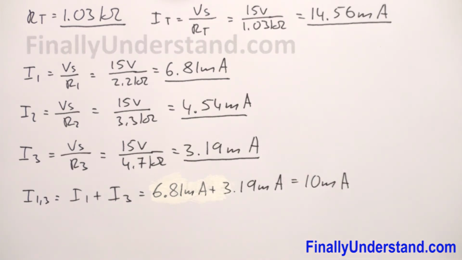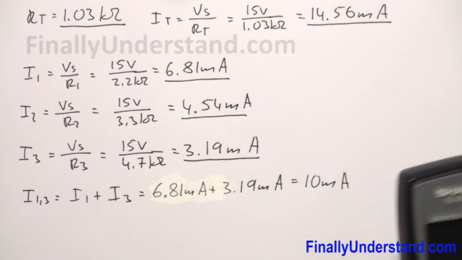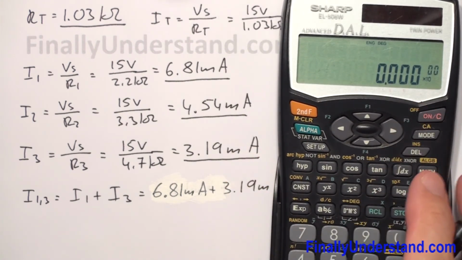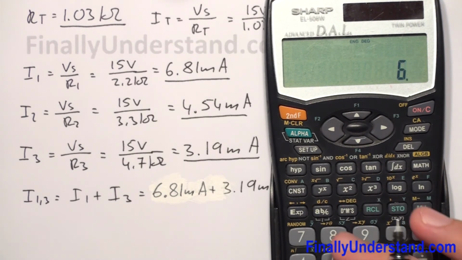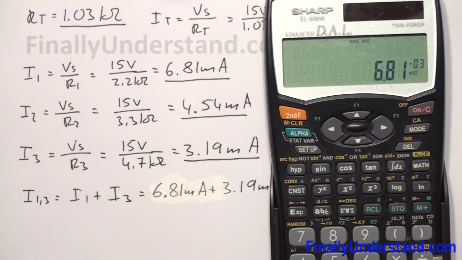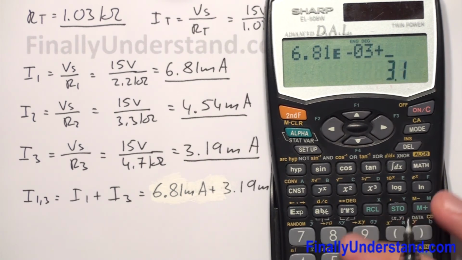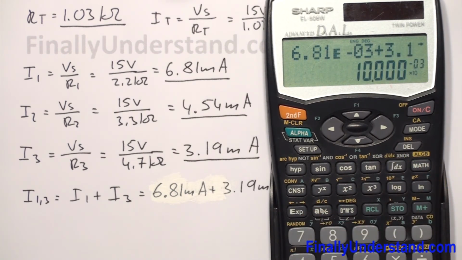Those of you who have difficulties using the calculator, let me show you how to do it. This is 6.81 exponent 3 negative plus 3.19 exponent 3 negative gives me 10 milliamps.